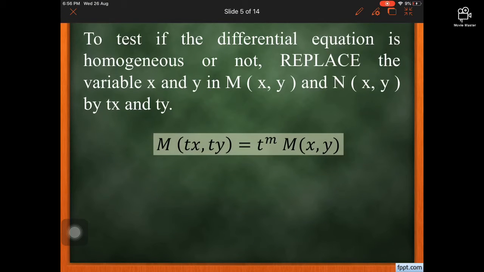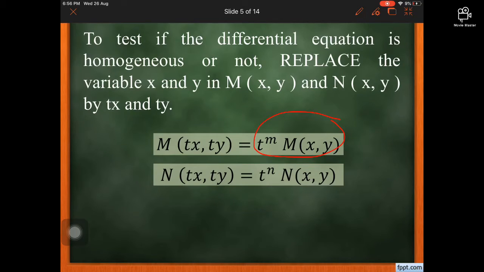That gives us this form of the function M(x,y) into M(tx,ty), which should be simplified into this form. So we take out t from the function. For function N(tx,ty), the same goes: we replace N(x,y) with N(tx,ty) and then factor out t^n.